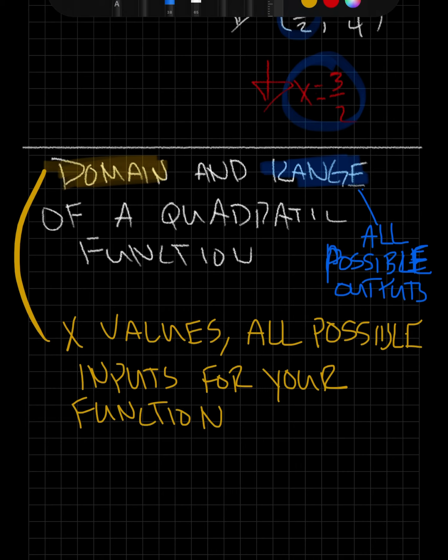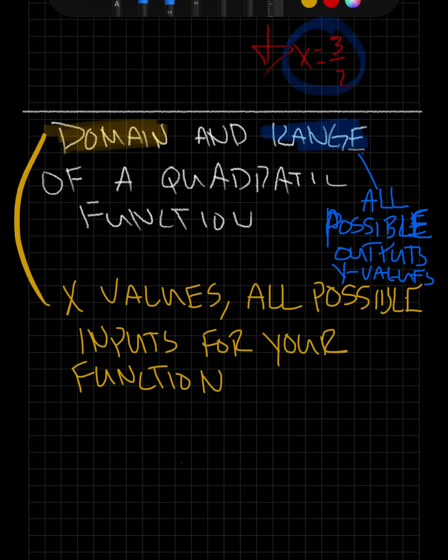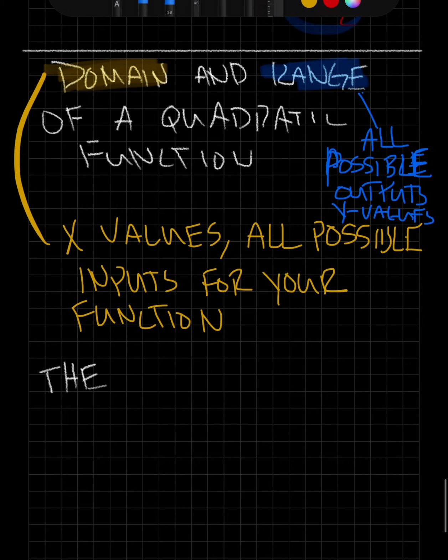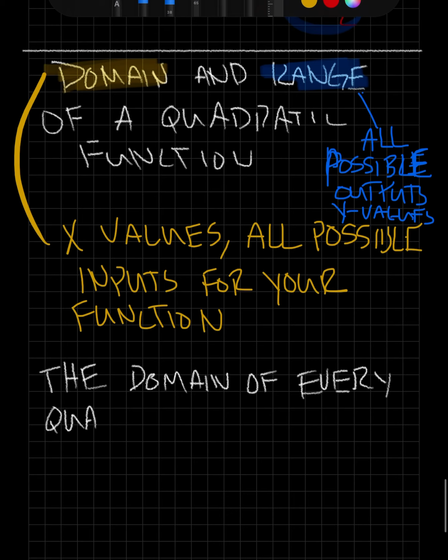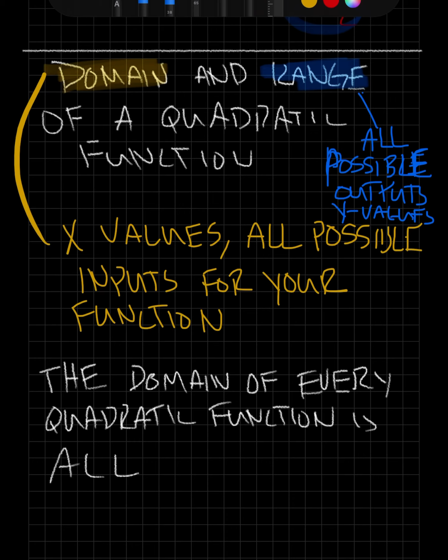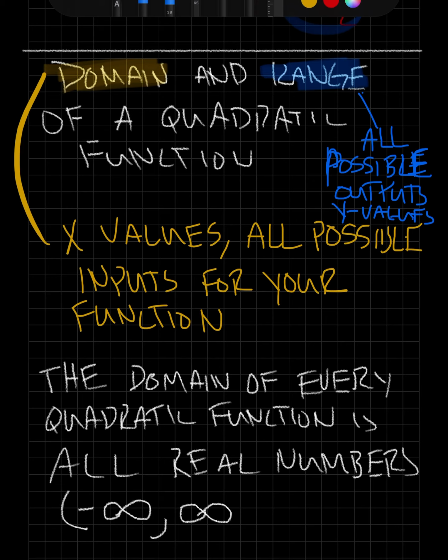So your range is all of your possible outputs. It's also commonly your y values. And so the domain of every quadratic function is all real numbers, and in interval notation you can write it like this: all the numbers in between negative infinity and positive infinity.